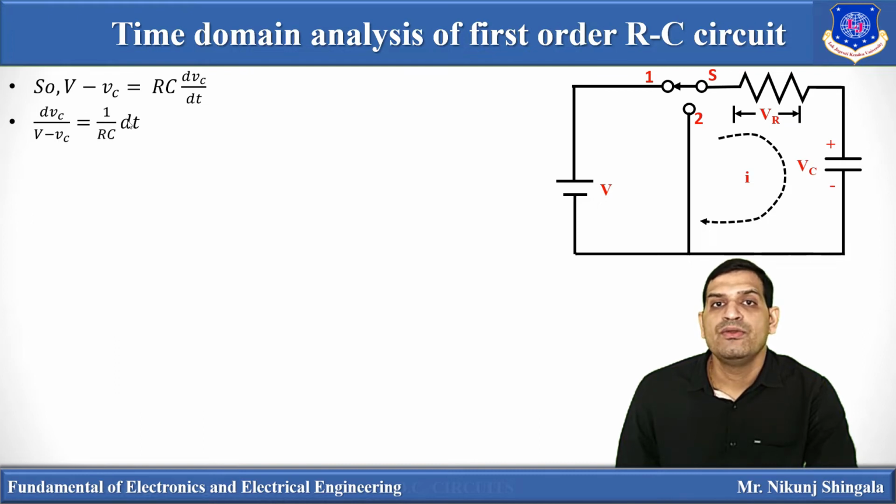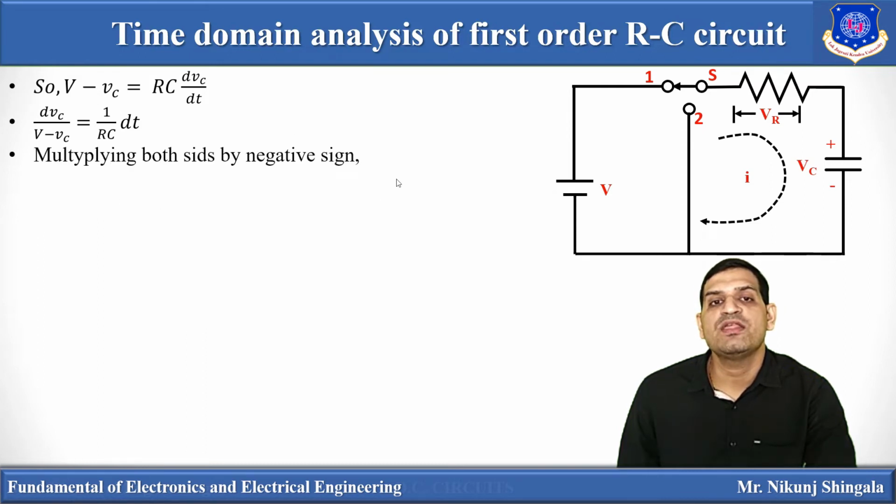Now using the variable separable method, we can write dVc divided by V minus Vc equal to 1 divided by RC into dt. So on the left hand side we have the equation in terms of Vc, and on the right hand side we have it in terms of time t. Now multiplying both sides by minus 1, we can write minus dVc divided by V minus Vc equal to minus 1 divided by RC into dt.